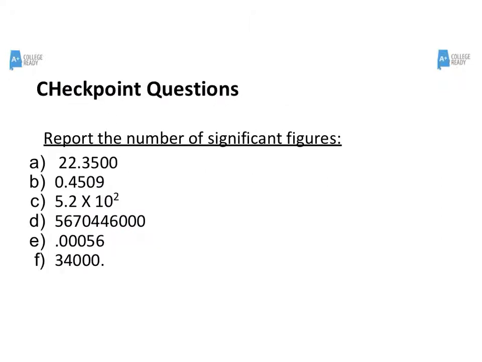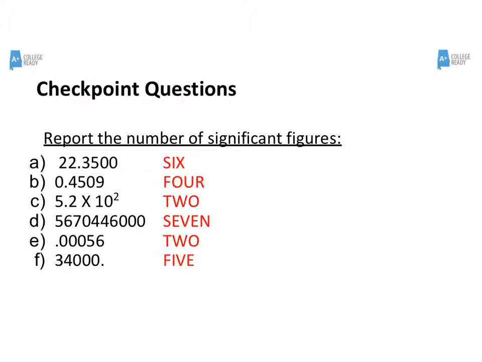So let's practice. Take a look at these numbers and try to figure out how many significant figures each of these measurements has. This first measurement has a total of 6 significant figures because the zeros are to the right of non-zero digits and to the right of the decimal.